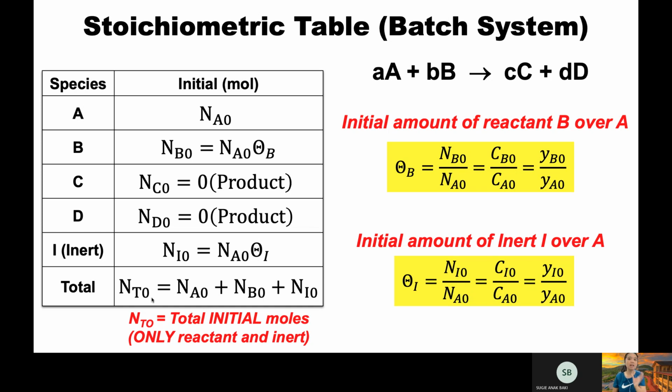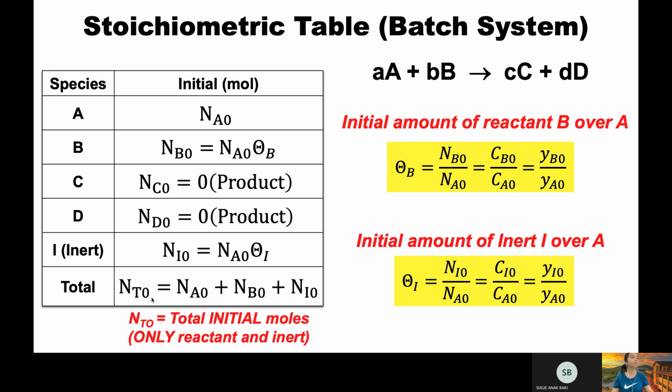Berapa jumlah bilangan mole yang masuk akan jadi Na0 tambah dengan NB0 tambah NC0, ND0, NI0. So in this example, since A and B adalah reactant, we will have Na0, we will have NB0, NC0, ND0 0, NI0 ada nilai, kita akan tambah juga. So you get your total for the initial. Done. Okay, so that's for the third column, initial.